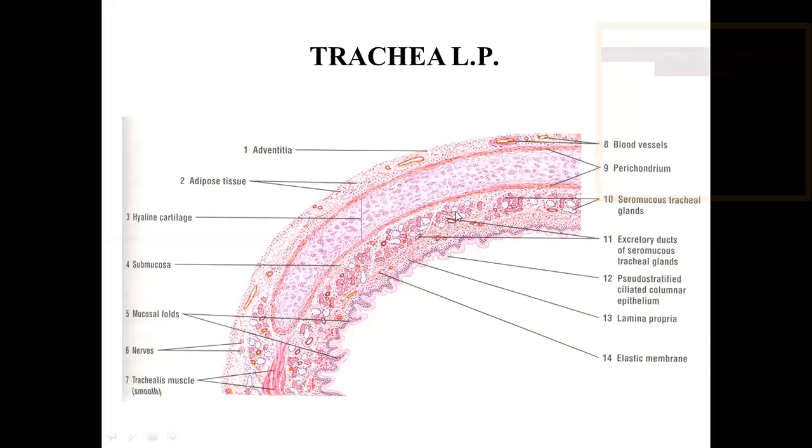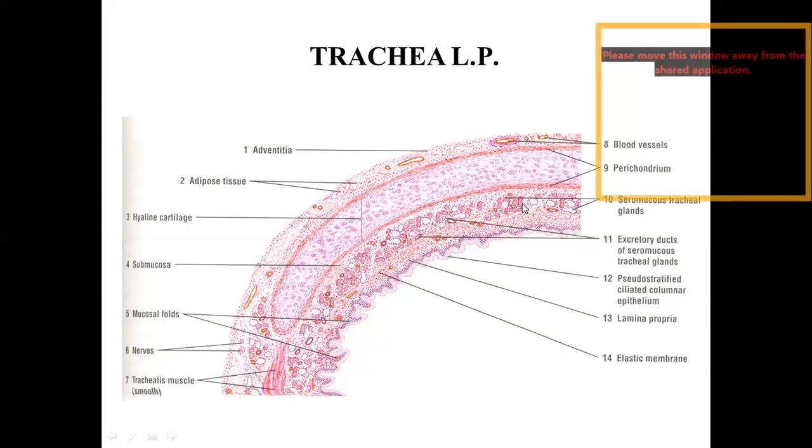Beneath that, the submucosa, which also has seromucous glands, serous and mucous acini. Then you have the cartilaginous ring, that is hyaline cartilage. And then the last coat is the adventitia, which has a connective tissue layer.